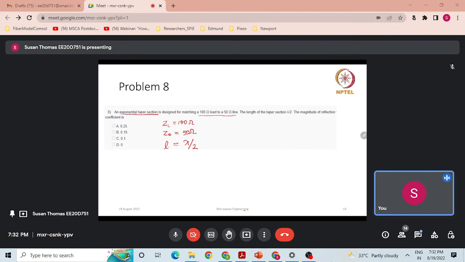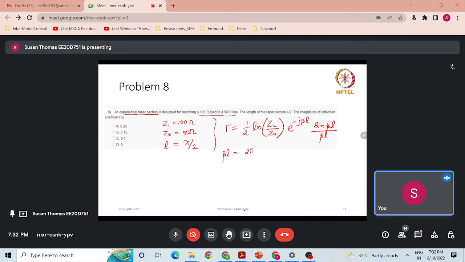Again, this is a direct formula to be used to find the answer, but let me try to tell you. The magnitude of the reflection coefficient gamma is half ln of ZL by Z0 e raised to minus j beta L into sine beta L divided by beta L. So what is beta L?